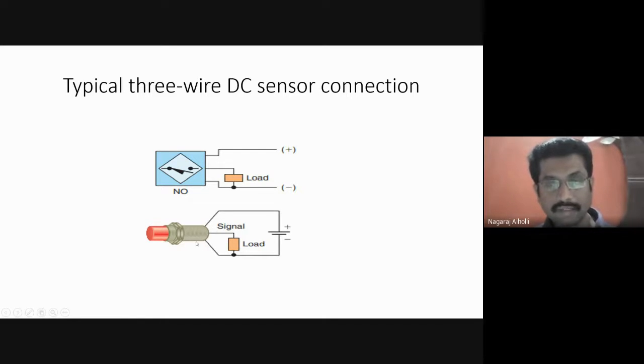Actually, positive and negative will be reversed. In the normally open state, positive is connected to the upper portion, negative to the lower portion. If it is normally closed, then it is the opposite. The upper portion will be connected to negative, and the bottom terminal will be connected to positive. Okay.